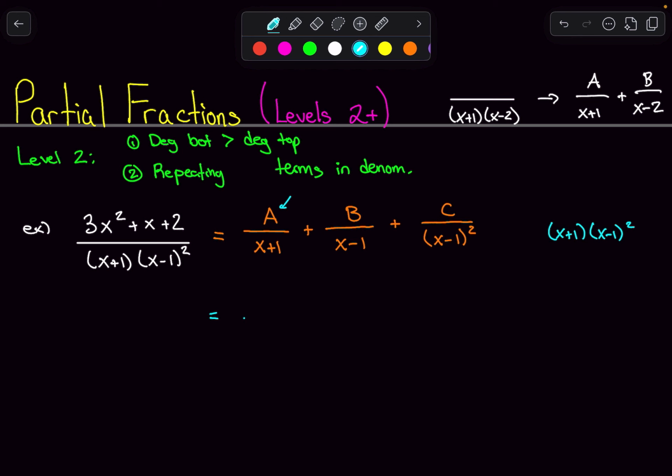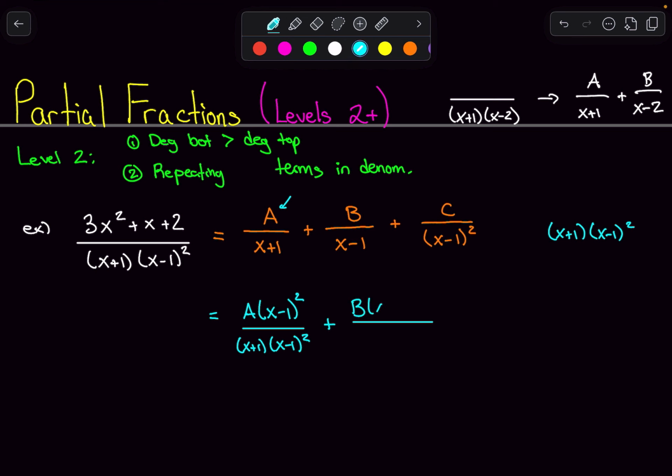And so in doing so, we're going to get a times, we need to multiply this first one by x minus 1 squared, because we already have that x plus 1 in the denominator. So we'll have x plus 1 and then x minus 1 squared. The middle term, we're going to need to multiply it by the x plus 1 and another x minus 1.